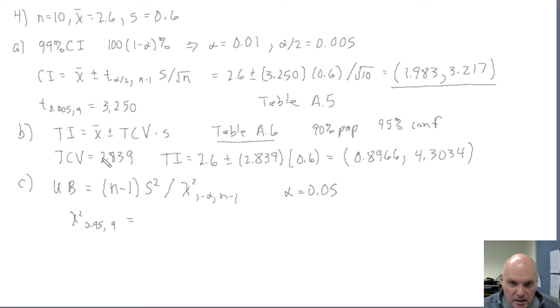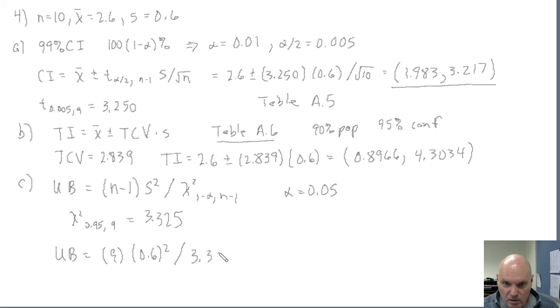So going back, this is 3.325, and then plugging in for this upper bound, n minus 1 is 9. The sample variance is the sample standard deviation squared, and then divided by this particular chi-squared critical value, and plugging in, I get an upper bound on the variance of 9.744.